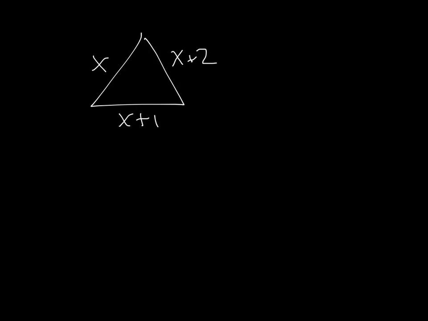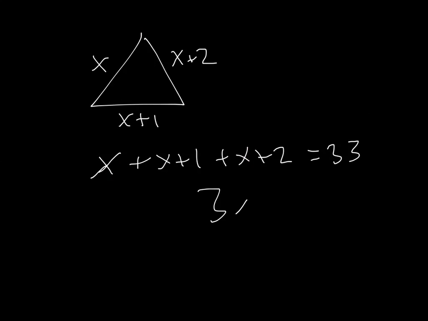Now if I know that x plus x plus 1 plus x plus 2 equals 33, then this is the exact same type of thing we've already been doing. I just got to put my like terms together. That means everything that has an x in it, I have to put together. There's 1, 2, 3 x's, 3 numbers I don't know. But I know they're the same because they're the same letter.